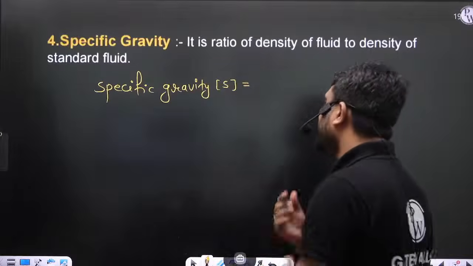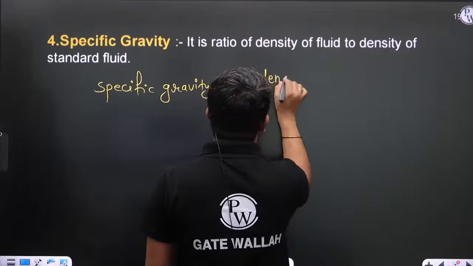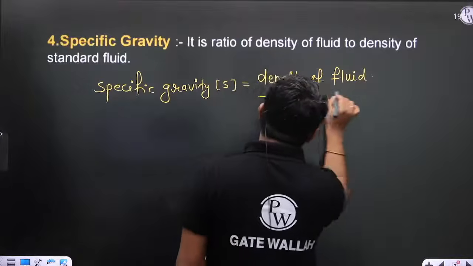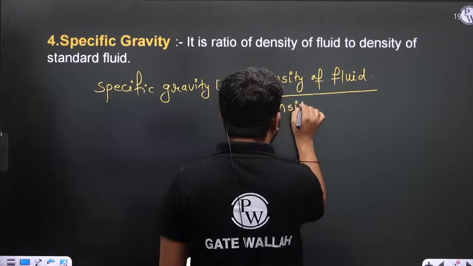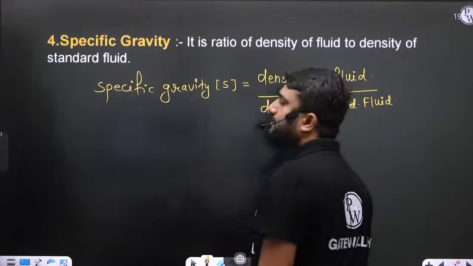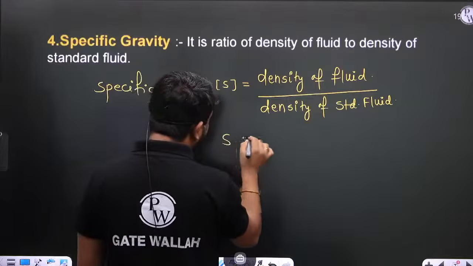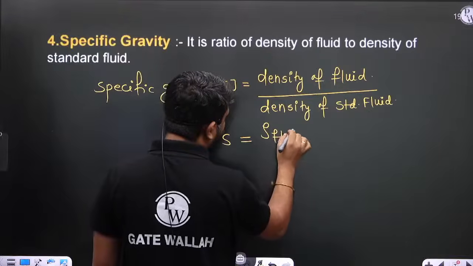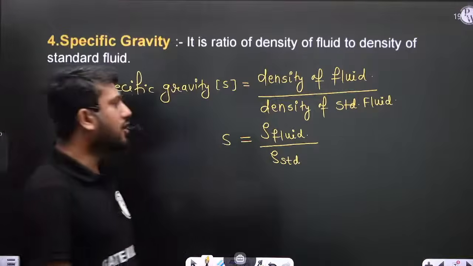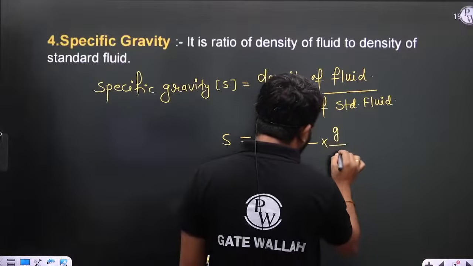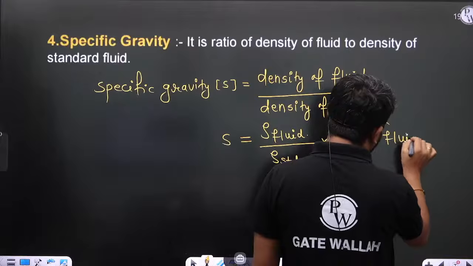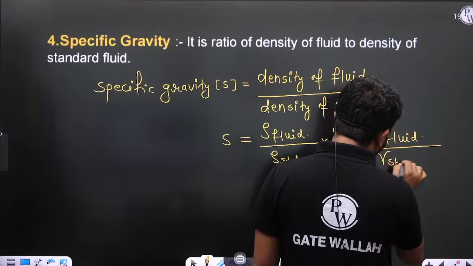Now multiplying by g in the numerator and denominator, we can write this as the weight density of the unknown fluid to the weight density of the standard fluid.